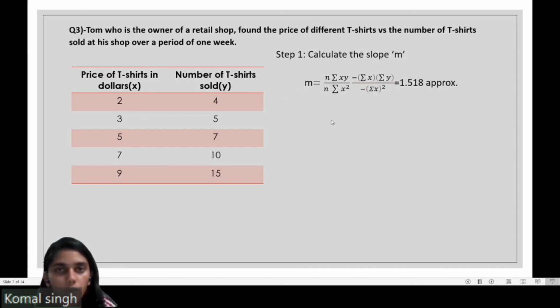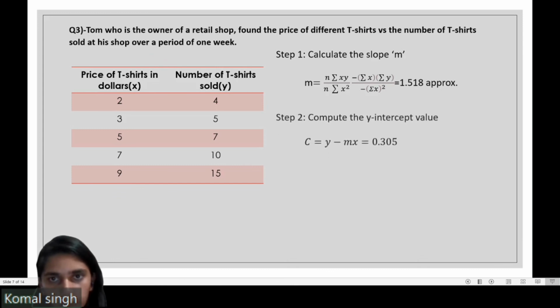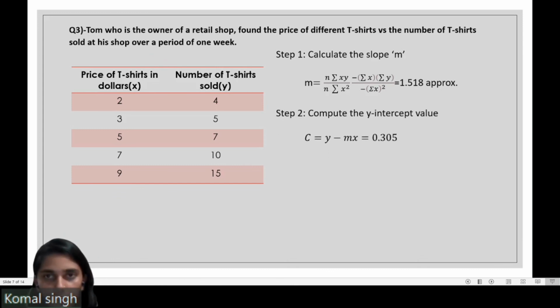Now we can also do one thing: for all of these parameters we can create different columns, find all the summation values and directly put them in this equation, or else you can do the calculation differently. Then we find m equal to 1.5, which is the slope. Step 2 is to compute the y-intercept value, that is c.